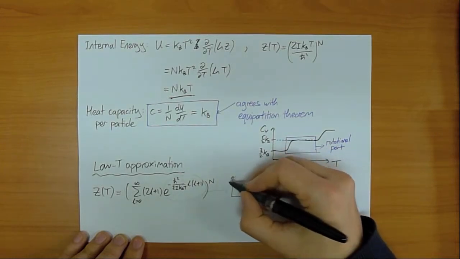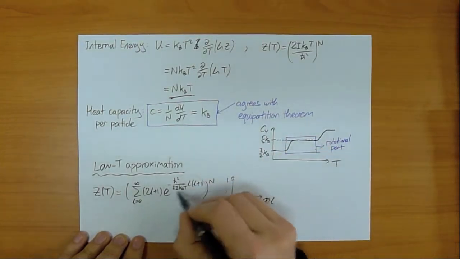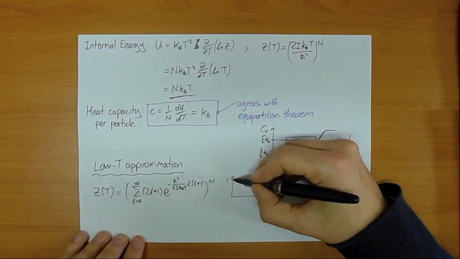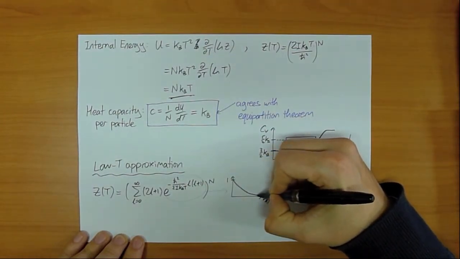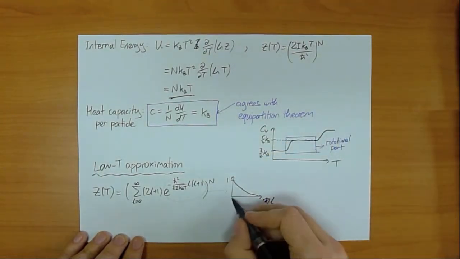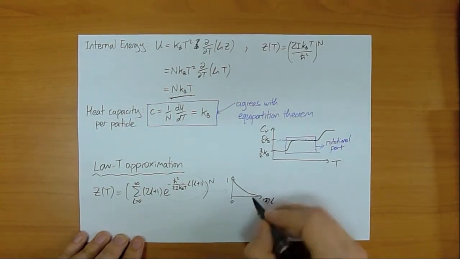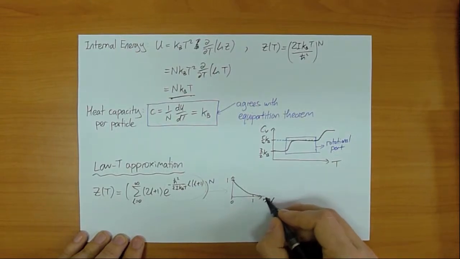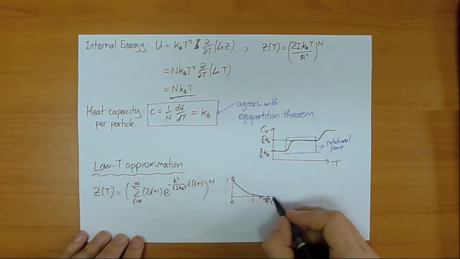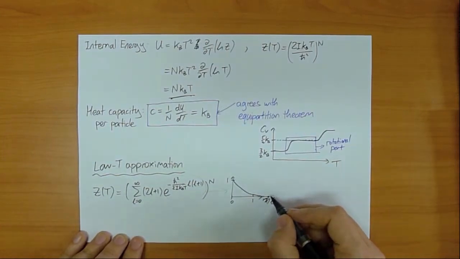So when L is 0, it's equal to 1, right? Because e to the power 0 is 1. But then it very rapidly decreases like this, exponentially quickly. And so if L equals 0 is here, then maybe L equals 1 is over here, and L equals 2. By the time you get to L equals 2, the value of this function is basically 0.